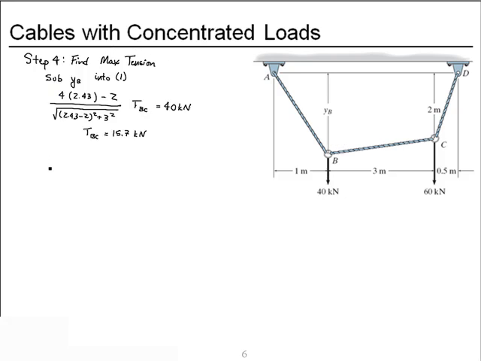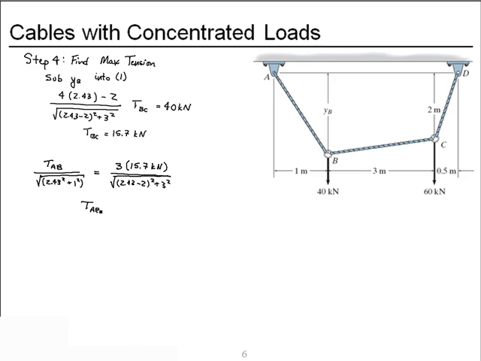So we have tension in AB divided by the square root 2.43 squared plus 1 squared is equal to 3 times the tension in segment BC, which we just calculated, the square root 2.43 minus 2 squared plus 3 squared.